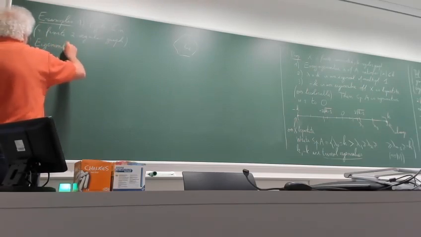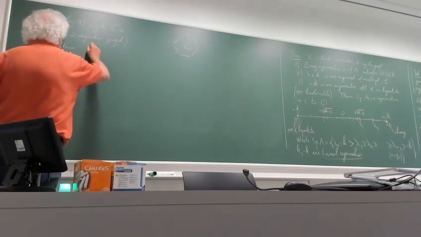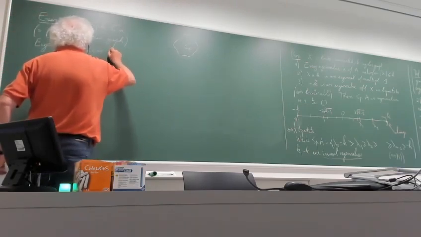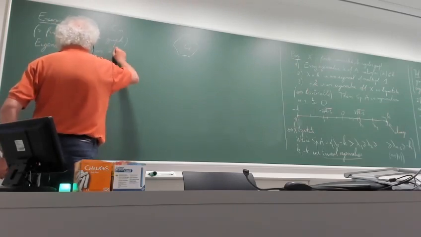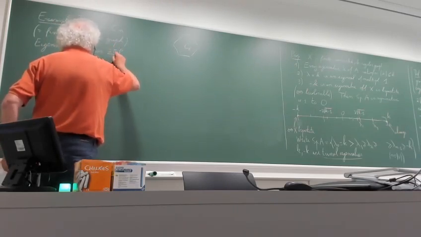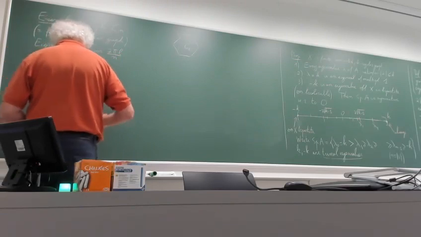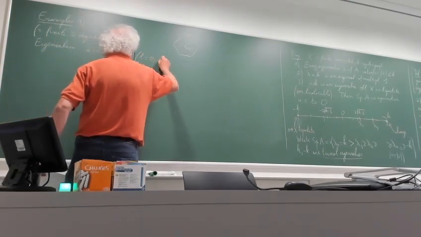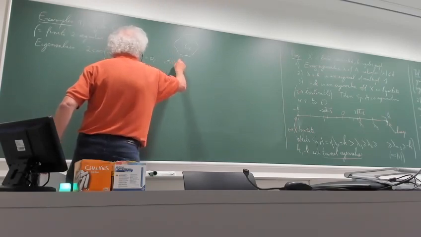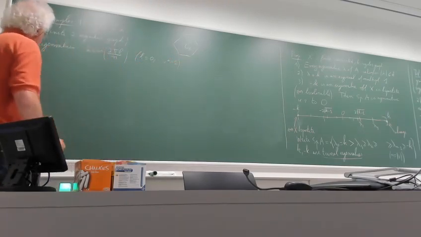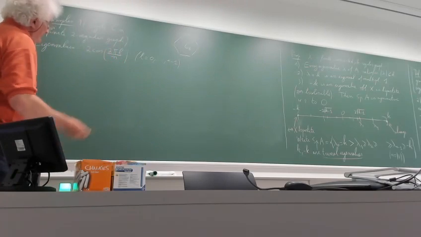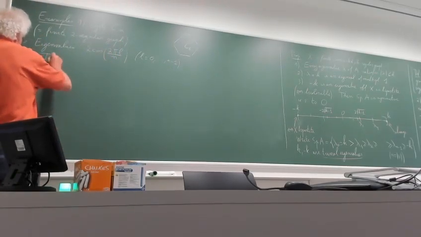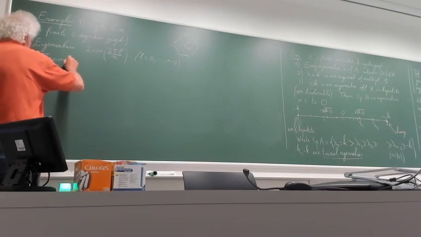If you compute the eigenvalues, you find they are the family 2 cosine of 2 pi l over n, where l goes from 0 to n minus 1. And as I already mentioned, it's trivially Ramanujan. It's Ramanujan for a bad reason.